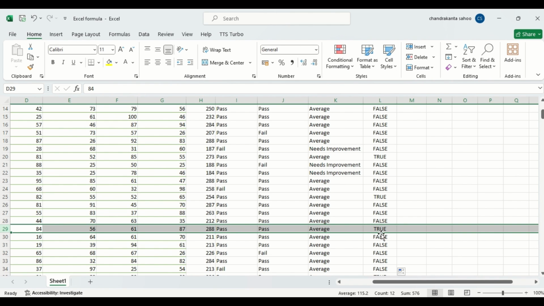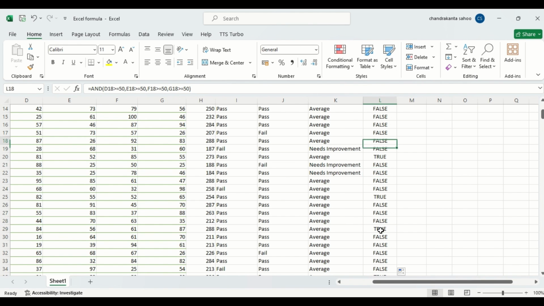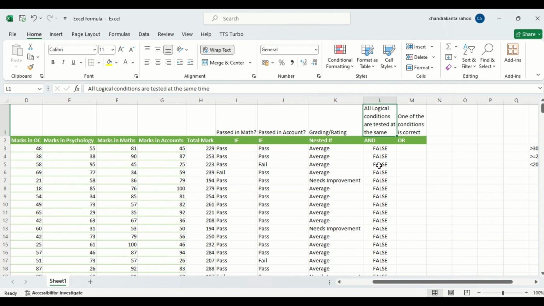Therefore, we are getting true. So what happens in this case? When we use the AND formula and we have a series of logical conditions, if all the conditions are satisfied, that means all the values are greater than 50, it will be written as true, otherwise it will be false.